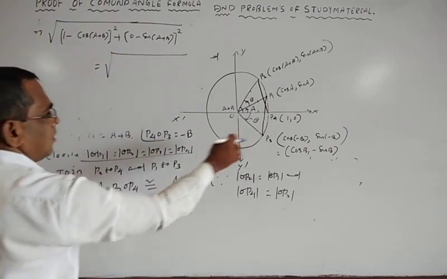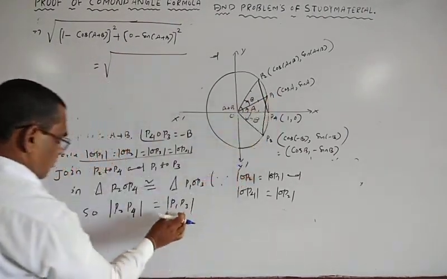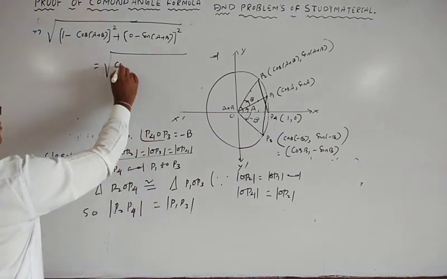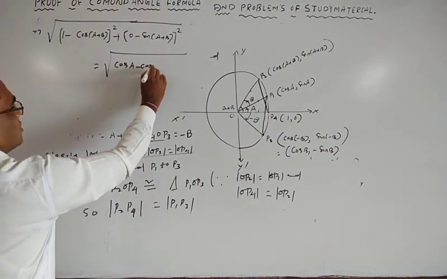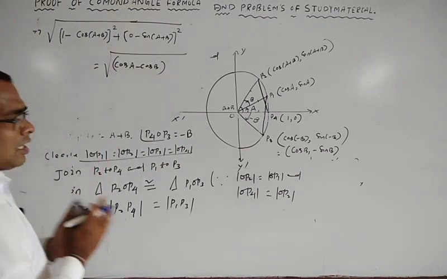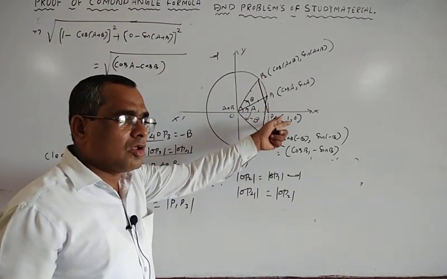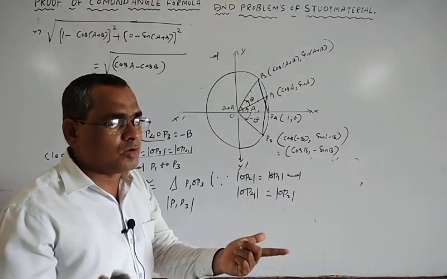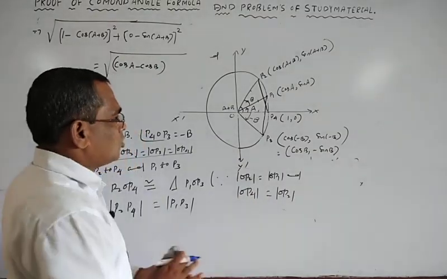root over P1P3. So P1P3 is equal to cos a minus cos b, or you can apply x2 minus x1 squared or x1 minus x2 squared, because (a minus b) whole squared is equal to (b minus a) squared.